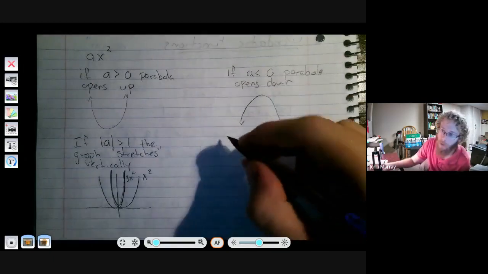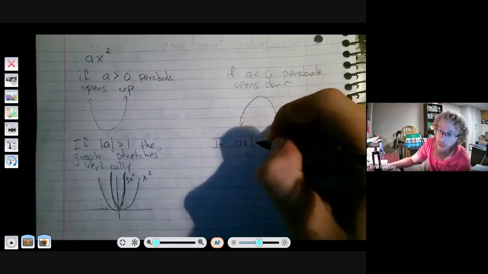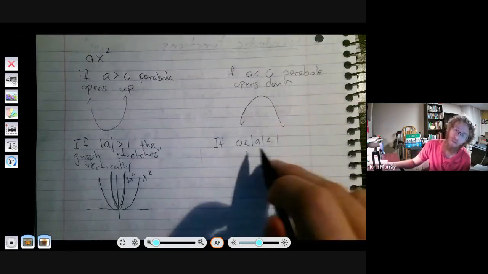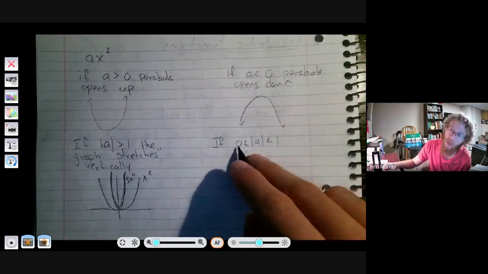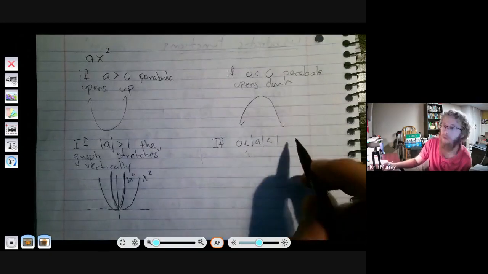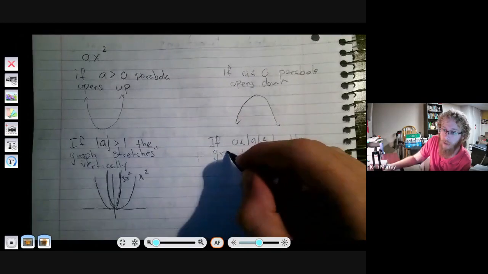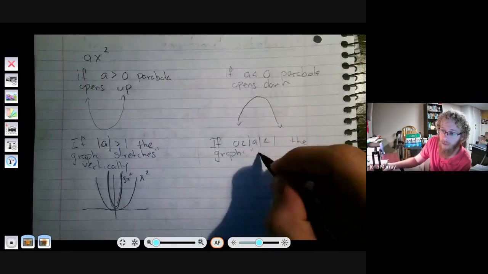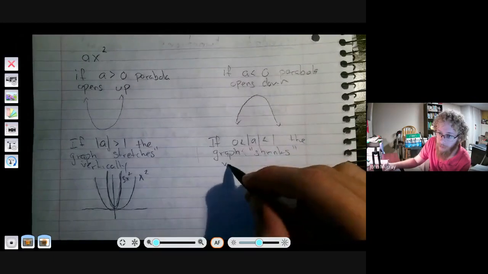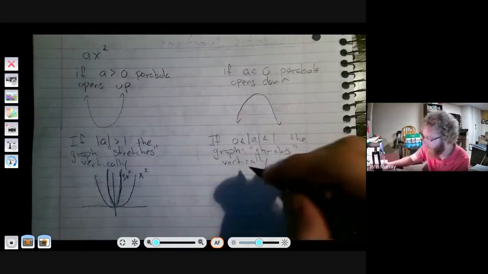And then our last part. If a is a fraction, if the absolute value of a is in between 0 and 1, we say that the graph shrinks vertically.